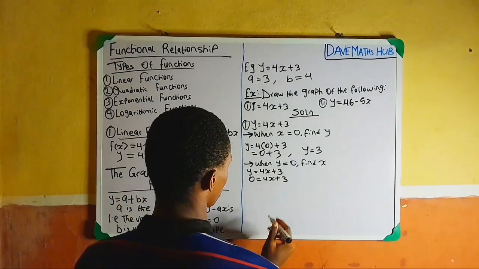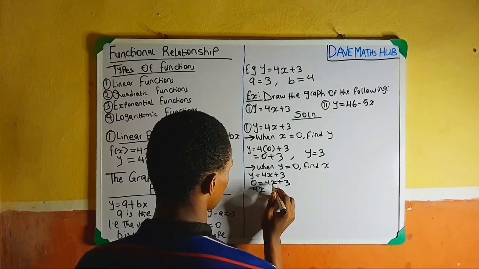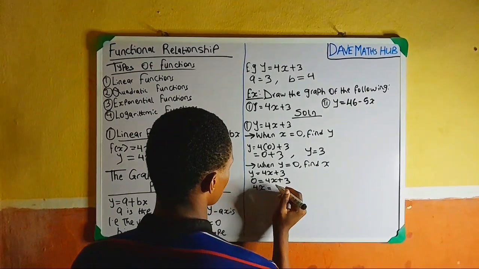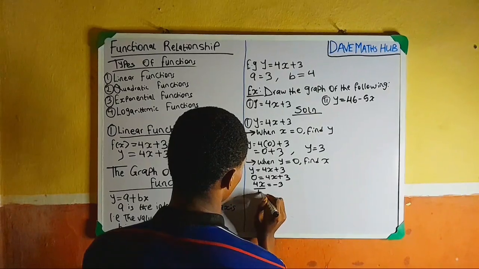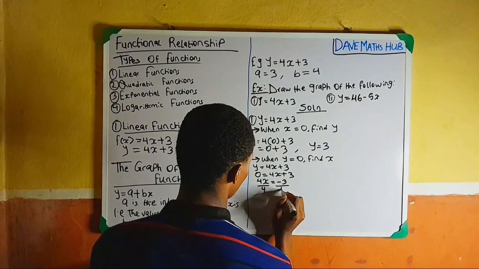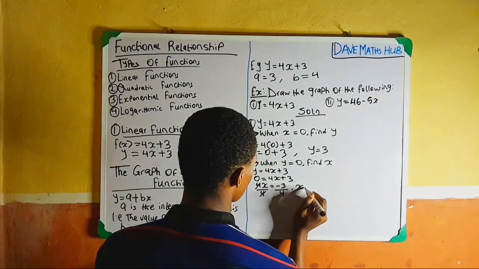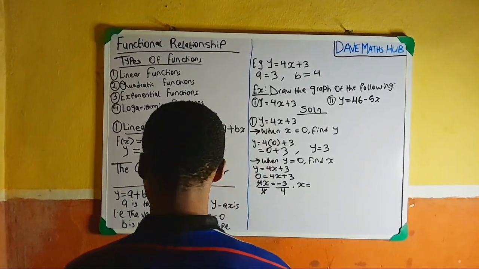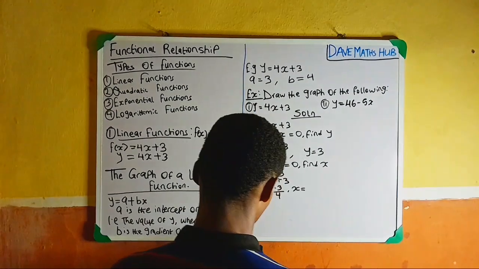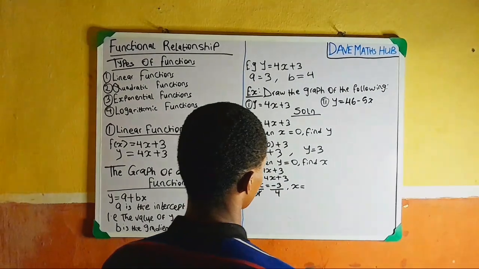We collect like terms. 4x equals minus 3, it comes to the other side. Divide both sides by 4. 4 cancels 4. x equals minus 3 divided by 4, which is minus 0.75.